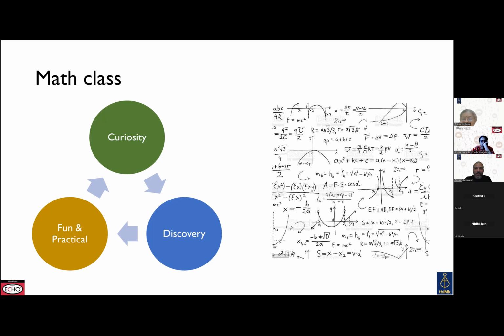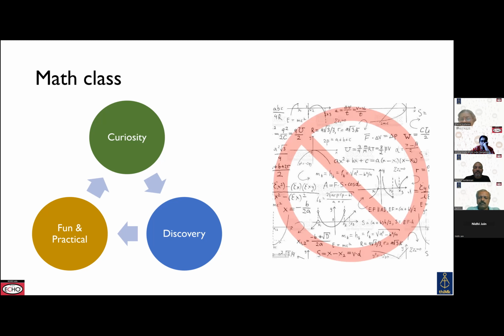In the case of children, they are not coming to learn algebra. They are just coming to class to fulfill a certain curiosity. And if that demand for curiosity and the process of discovery is not effectively met, then the class can turn very boring. And this class with lots of formulas and things on the board will get rejected by the class.